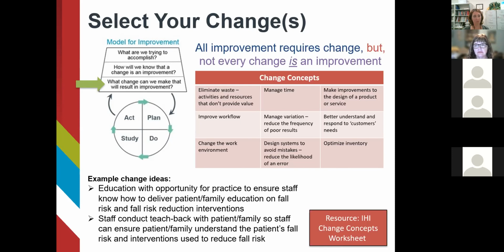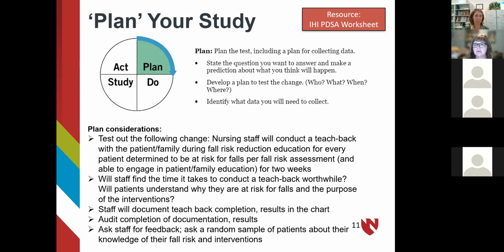We might also encourage staff to conduct a teach back with patient and family members so that staff can have that productive dialogue and ensure that the patient and the family really understand the patient's fall risk and the interventions that they're using to reduce fall risk. That's the change concept we decided to select for the rest of our example moving forward.